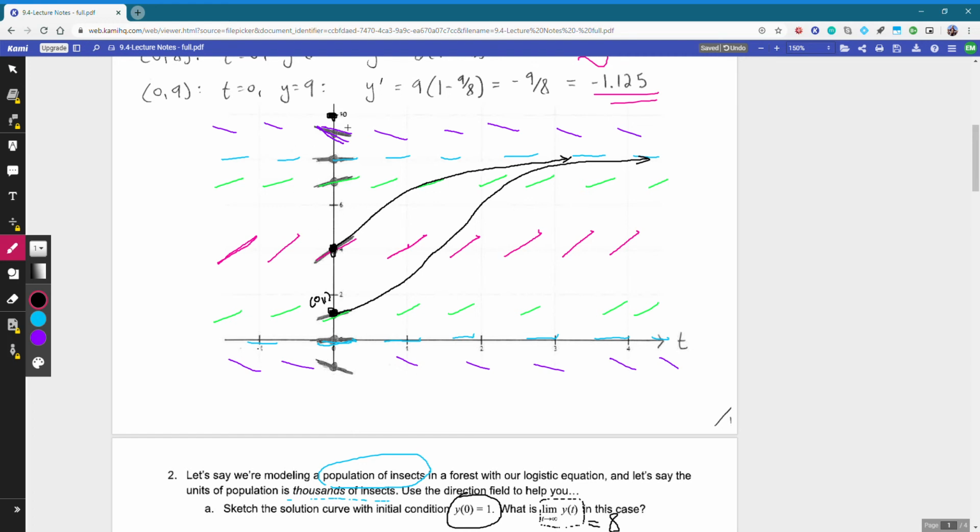And at 0, 10, we're going to have a negative slope initially, coming down and then mellowing out again near our blue lines. Something like that. And notice in each case, we're mellowing out, approaching the same y value, y equals 8.